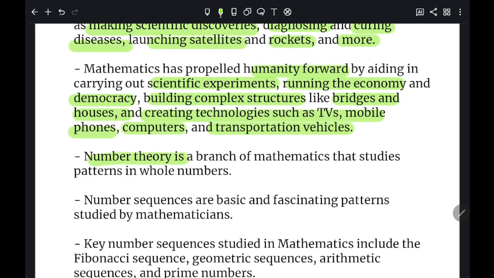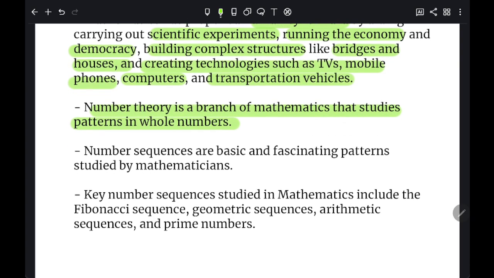Number theory is a branch of mathematics that studies patterns in whole numbers. Number sequences are the basic and fascinating patterns studied by mathematicians. We have a number of key sequences which we study in maths, including Fibonacci series, geometric sequences, arithmetic sequences, and prime numbers. Rest we will do in the next class.